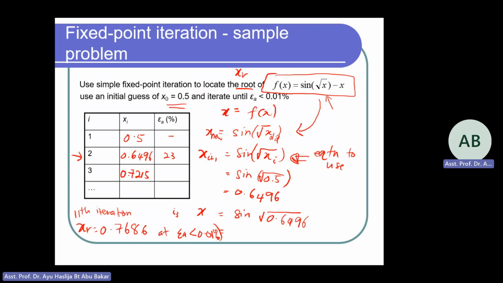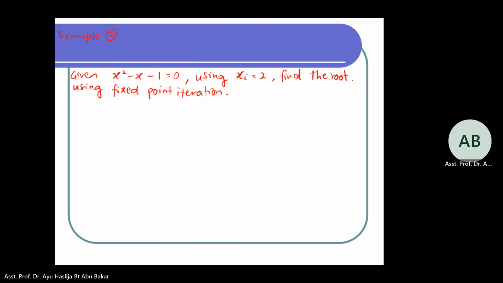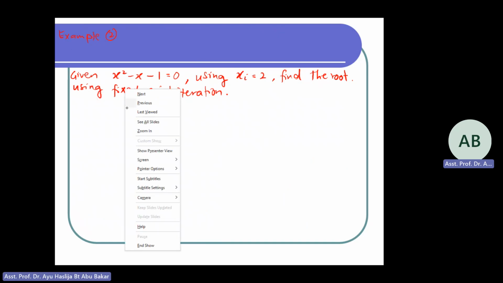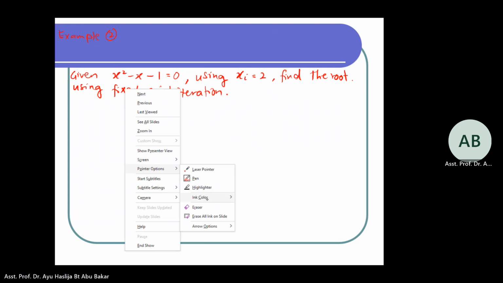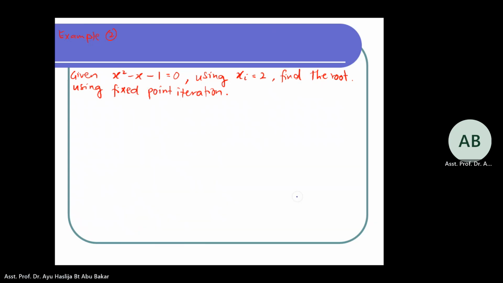Okay, so now I want to discuss example 2. Now we know that you must rearrange the X. So actually for the X here, you will have a few options.